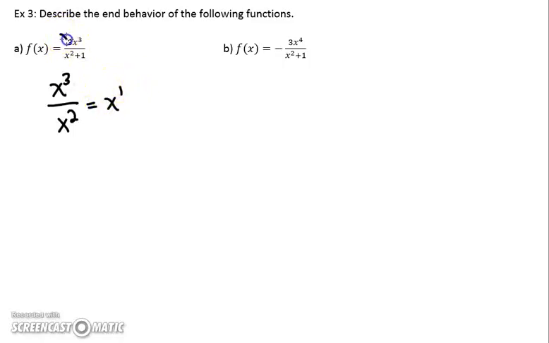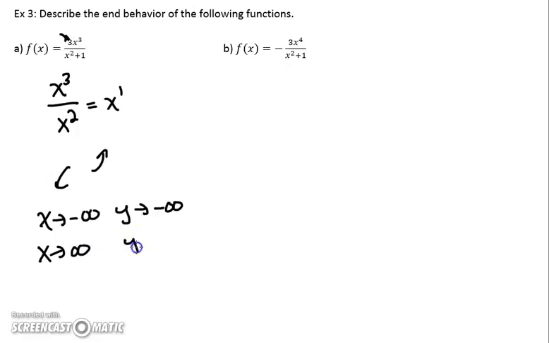Your leading coefficient is 3. So that's positive leading coefficient. So positive leading coefficient, odd degree, looks like that. So we'll say x goes to negative infinity, y goes to negative infinity. As x goes to positive infinity, y also goes to positive infinity.